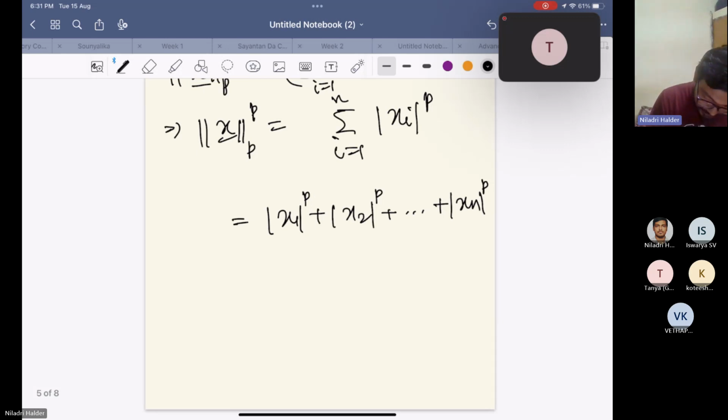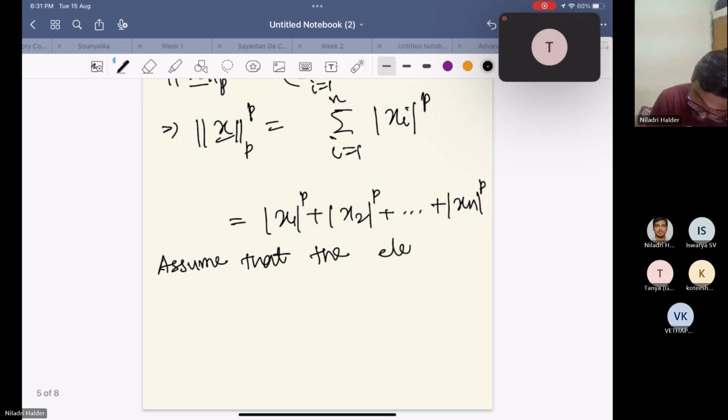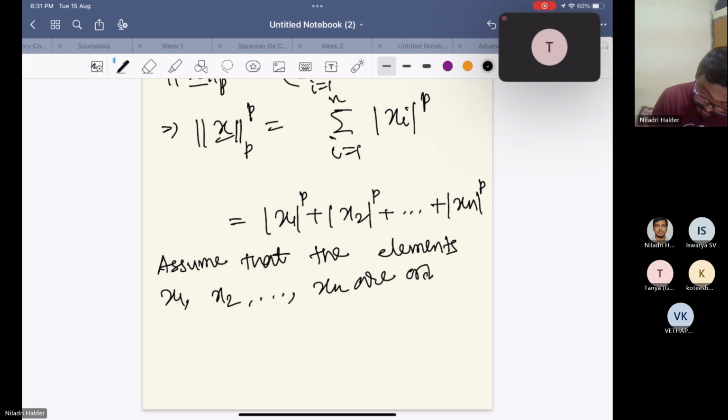Now let us assume that the elements x1, x2, up to xn are ordered as follows.